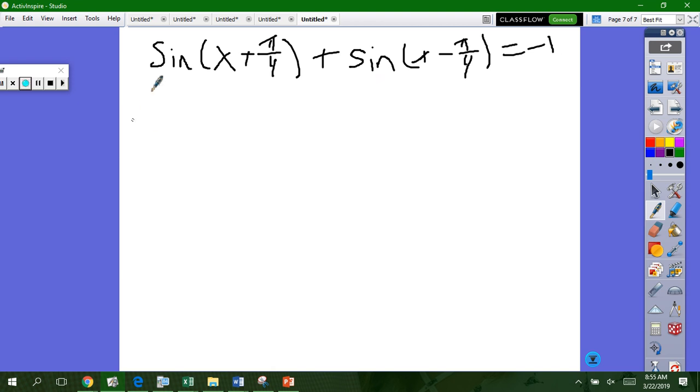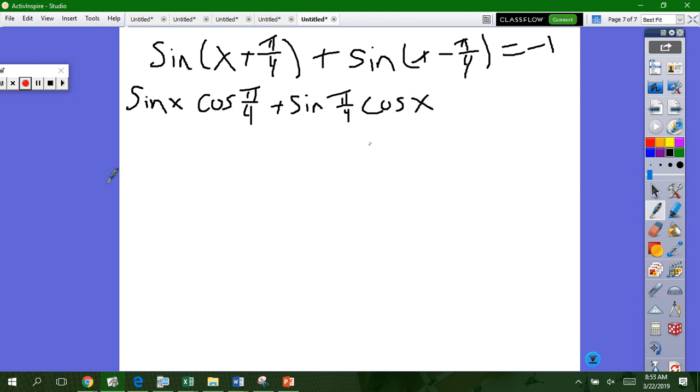Okay. So notice, guys, I have a sum and I have a difference, right? So I'm going to write it out. Here we go. It's not too hard. Sine of x, cosine of pi fourths, minus sine of pi fourths, excuse me, it's a plus, sorry, cosine of x.